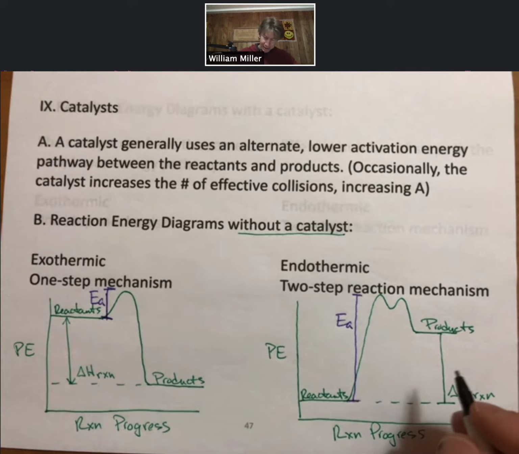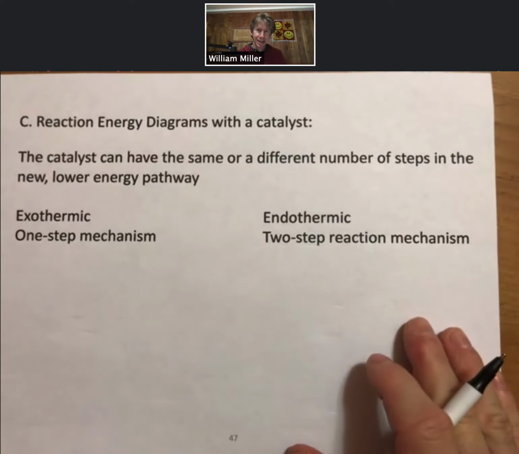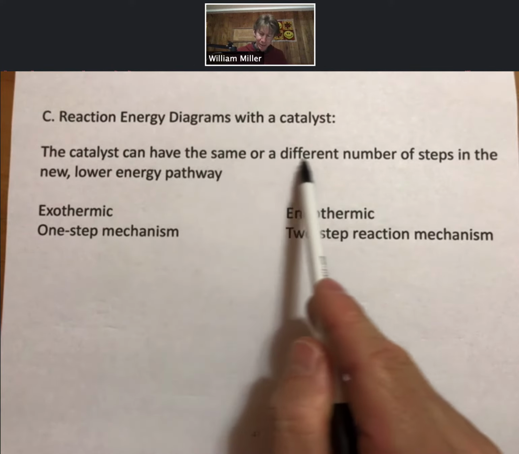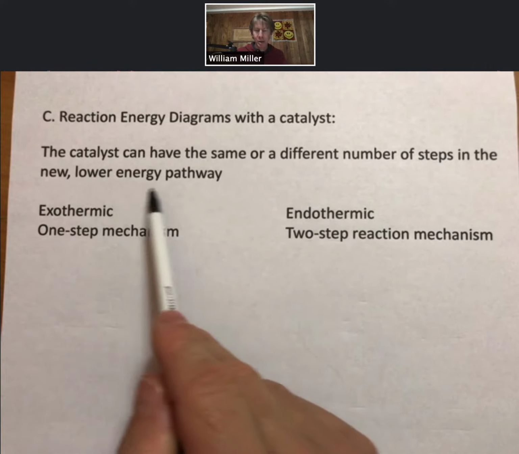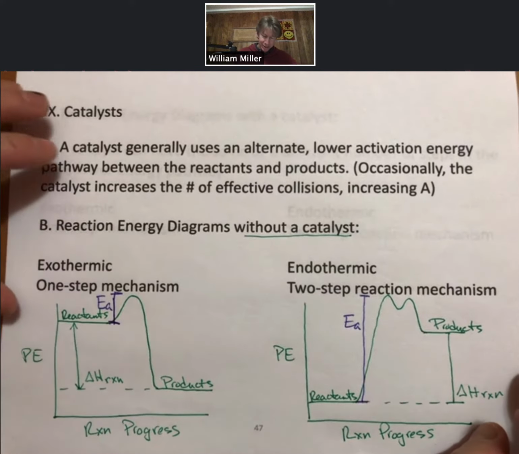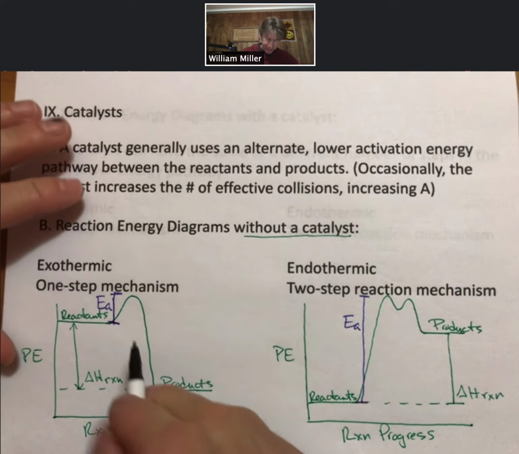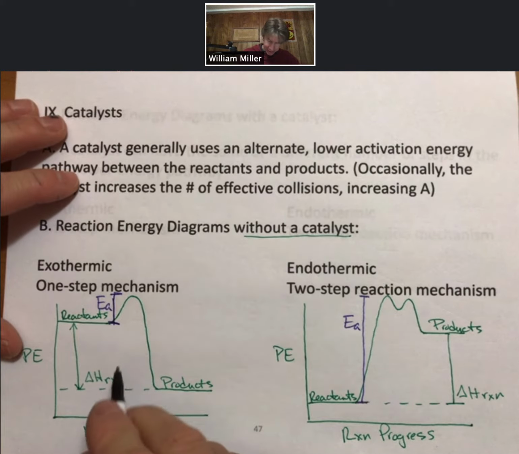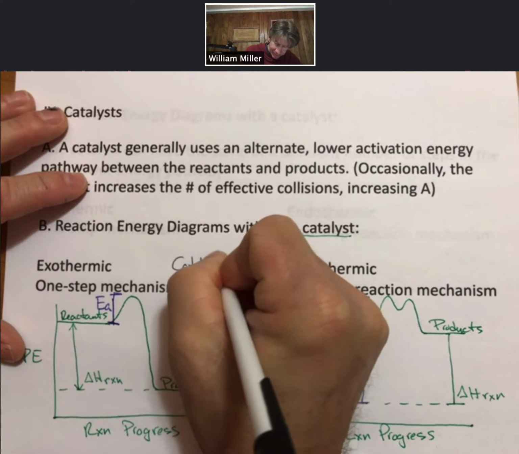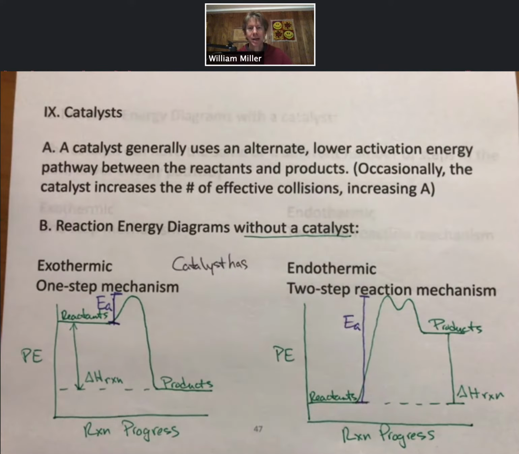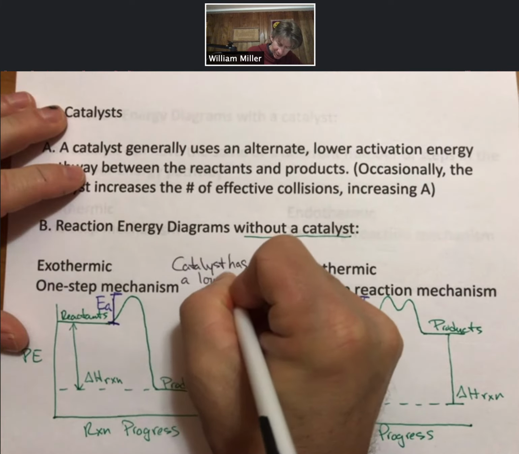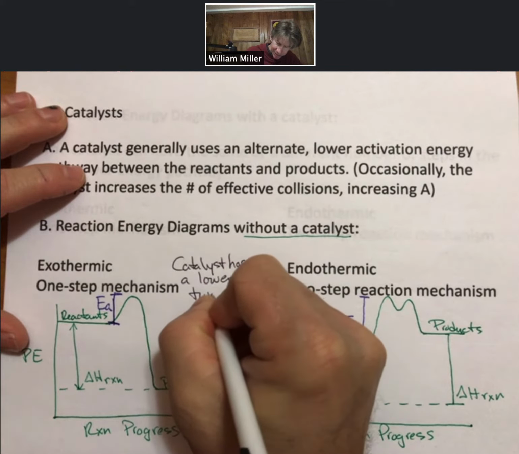So now the next slide says reaction energy diagrams with the catalyst. The catalyst can have the same or a different number of steps in the new lower energy pathway. So I'm going to draw them actually back on this page instead of on the next page. And here we go, reactants and products. Let's suppose that the catalyst has a lower activation energy two-step mechanism.